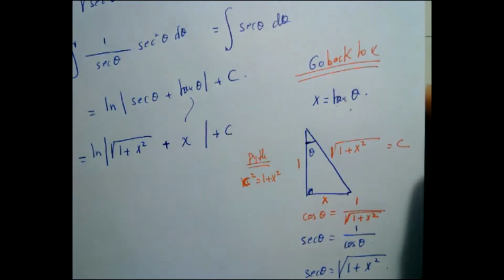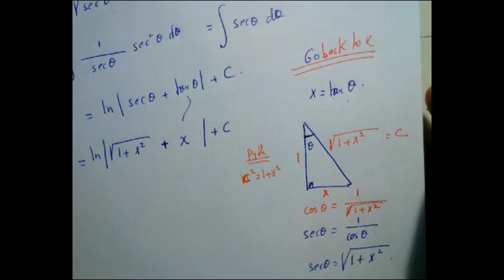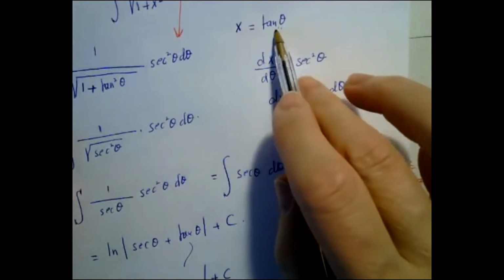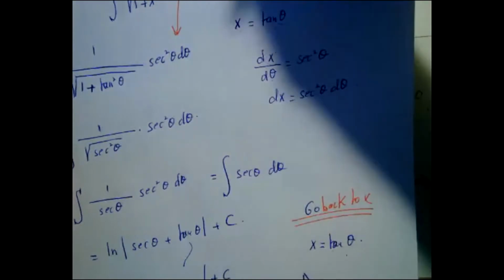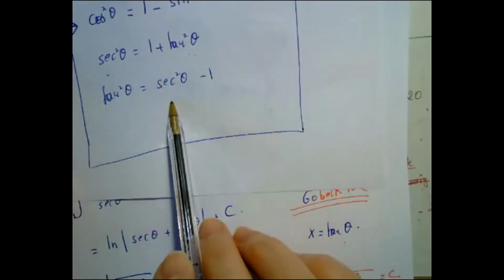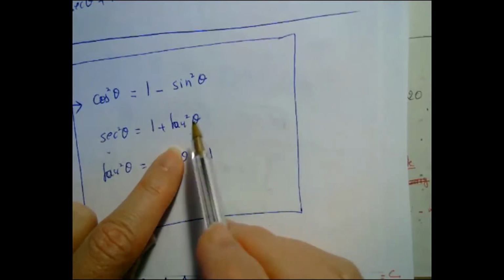I have a question. Yes. What thinking did you use to first change x to tangent? Yes, the thinking is going to be totally hidden in those identities. So I have 1 plus x squared, all right? And I want to make the substitution.